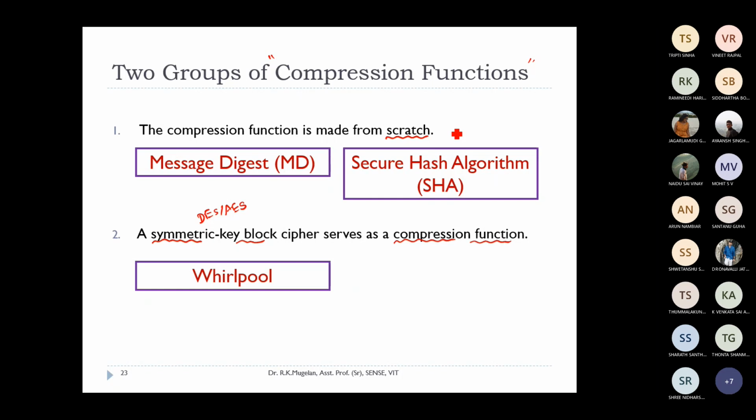Under the scratch functions, we have two important algorithms still in use: MD5, which stands for message digest, and SHA, which stands for secure hash algorithm. Under symmetric key block ciphers, we have a compression function called Whirlpool. We'll be discussing all these three algorithms in this module.